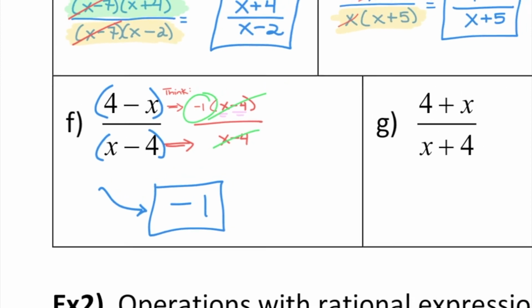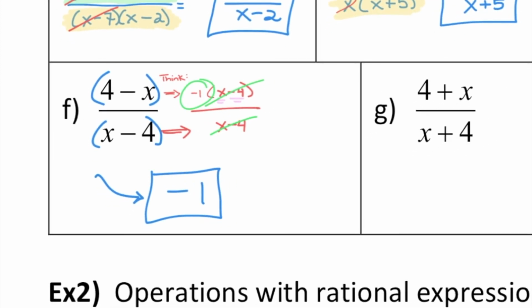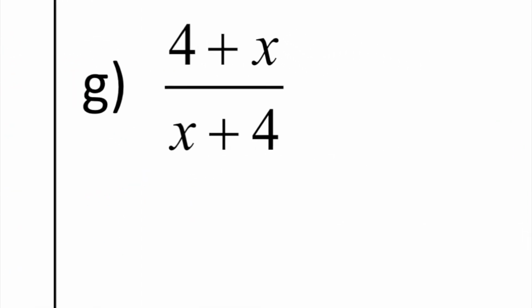Compare that to letter G, where we have the same addition problem, but the numerator has the addition of the denominator backwards, so 4 plus x and x plus 4.